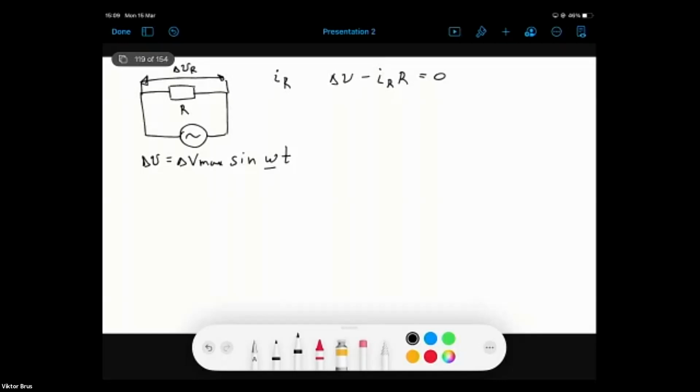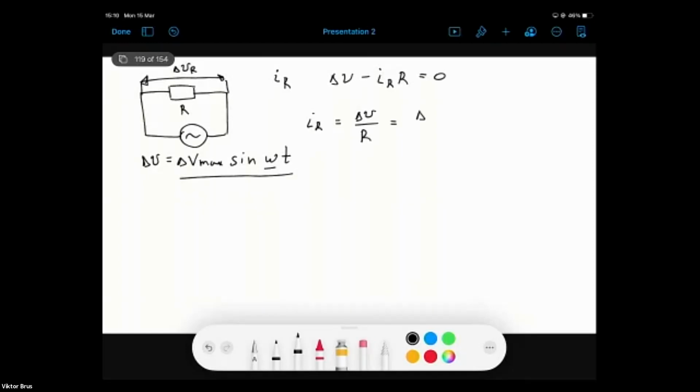So we know that current, according to Ohm's law, is the ratio of voltage and resistance. So this instantaneous current is the instantaneous voltage divided by the resistance of our resistor. And we know that this instantaneous voltage is described by this equation. So it's a time-dependent function.